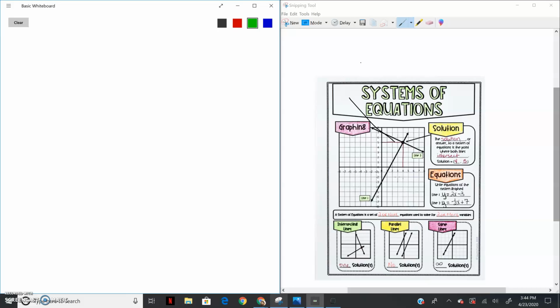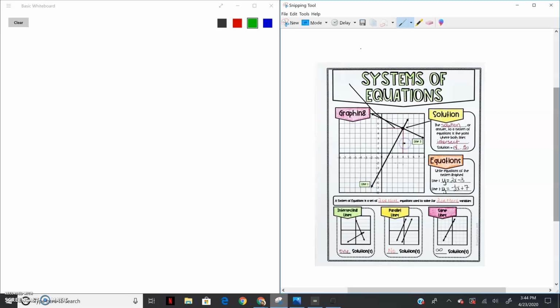It's where you graph two equations and they combine to a point, so the answer is already here for you. The solution or the answer to a system is where the lines intersect.